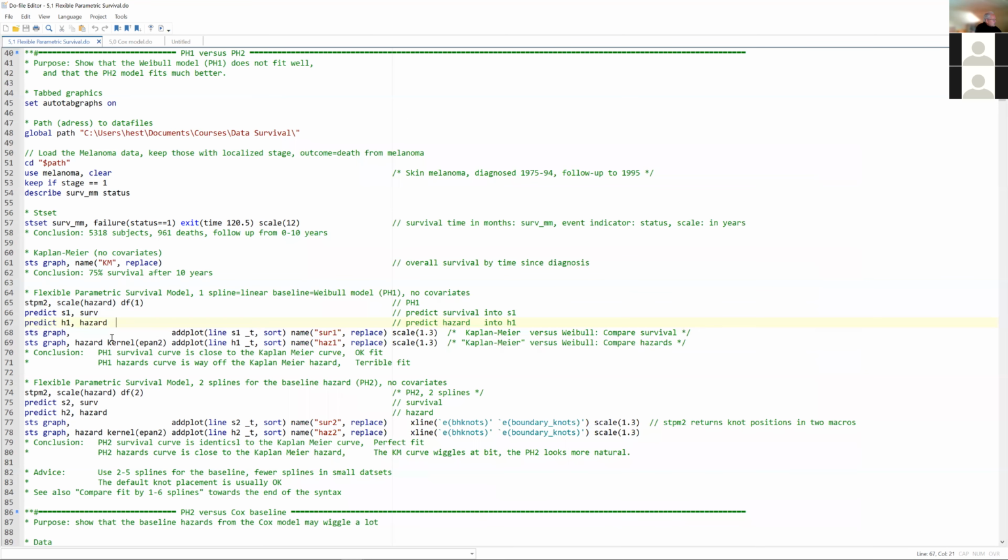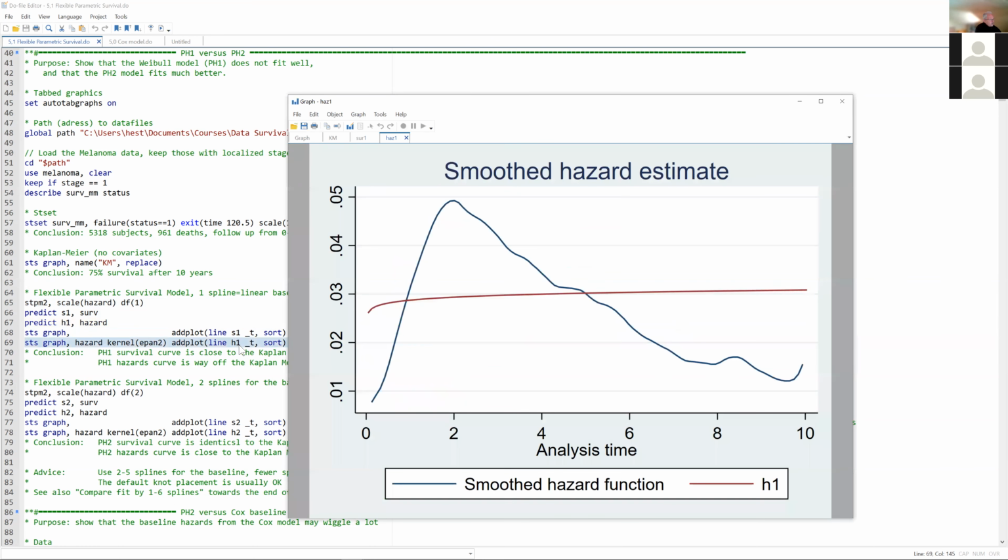Now let's take a look at the hazards. I do STS graph and ask for hazards, and this is just how the smoothing is done. I do an add plot, and this time I plot in my hazards versus analysis time. And in blue here, we have the smoothed hazards, and you can think of this one as the correct one. And over here, we have the hazards from the model, and it's, of course, an absolutely terrible fit.